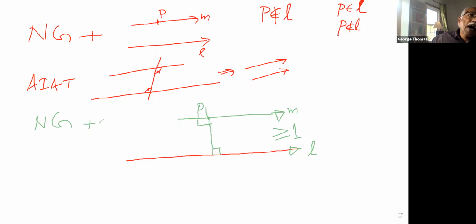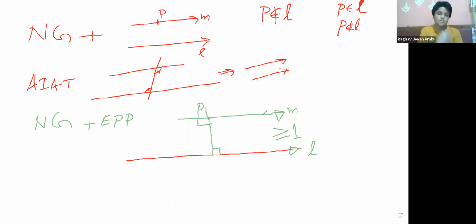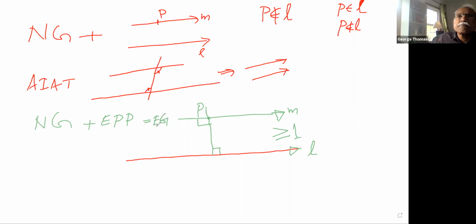Now, if you add Euclid's fifth postulate, which is equivalent to EPP, which says there is exactly one parallel, right? Yes, sir. So we have now in Euclidean geometry, how many parallels through P? One. Now, watch this.